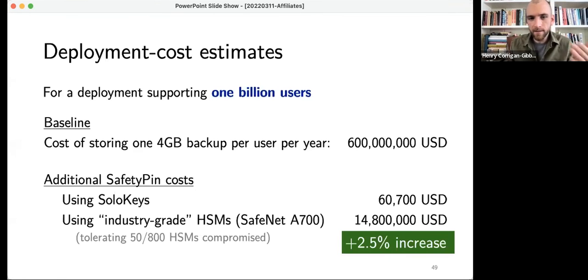And if you add on top of that the costs imposed by SafetyPin, which is essentially deploying a fleet of HSMs, this is like a couple percent on top of what you pay for just the data itself. So even if you use industry grade HSMs and you tolerate a constant fraction of the HSMs being compromised, say 5 or 10%, it's a pretty modest cost increase for an end-to-end deployment, we think.